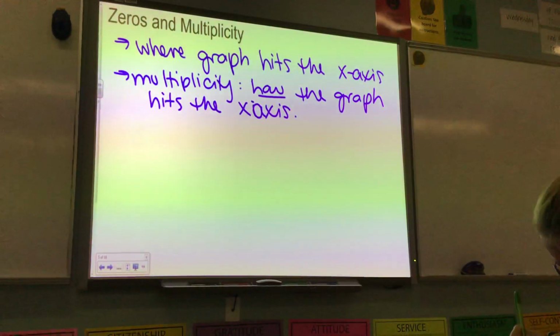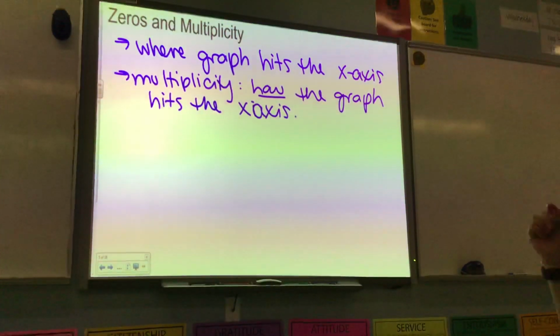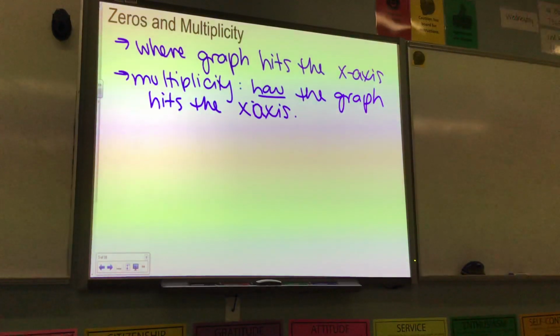From yesterday, when you solved your equations, what did the multiplicity part tell you? You wrote like mult2 or mult3. Good, so if you solved an equation, you got 1 three times, it had a multiplicity of 3. If you got 1 two times, it had a multiplicity of 2.